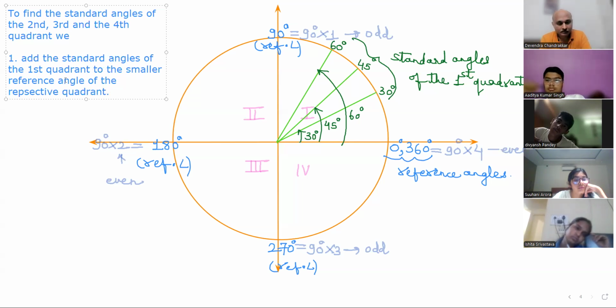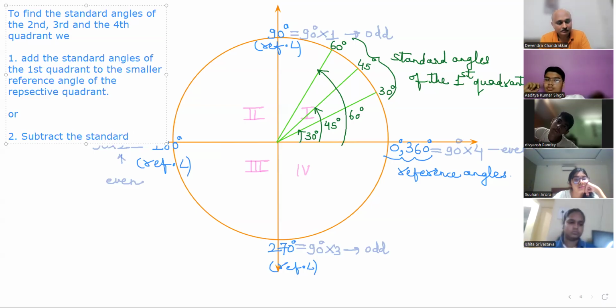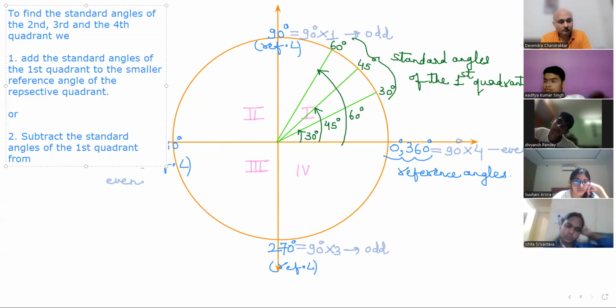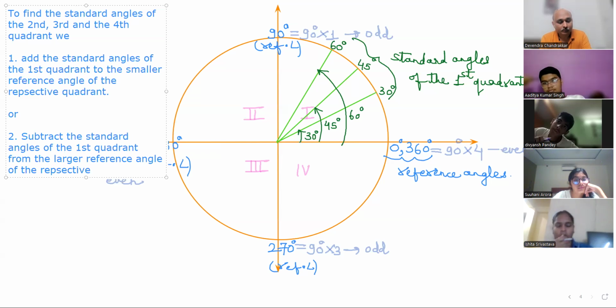Or second, subtract the standard angles of the first quadrant from the larger reference angle of the respective quadrant.